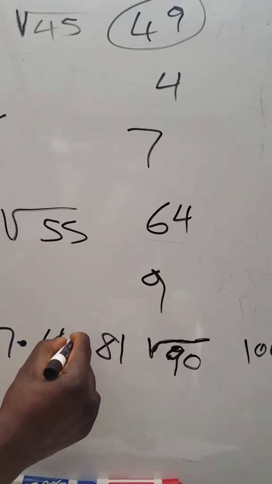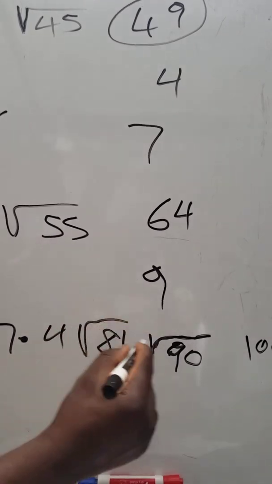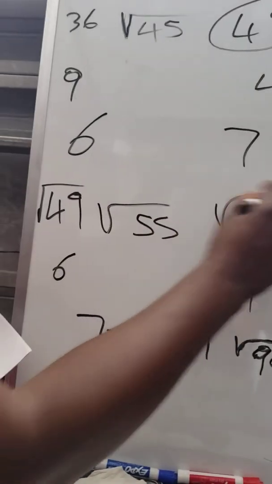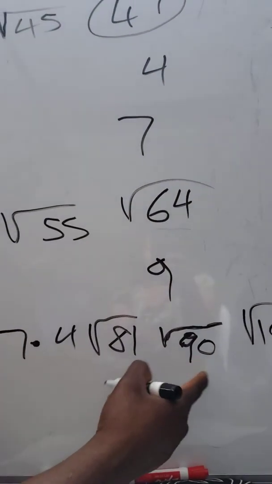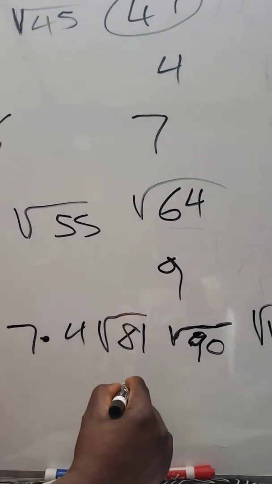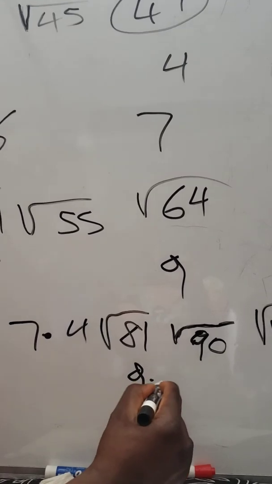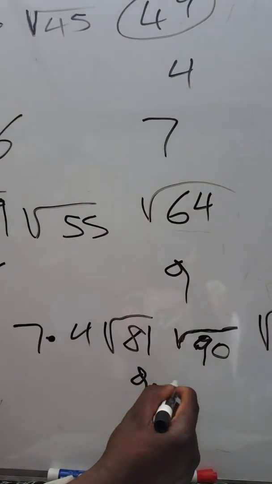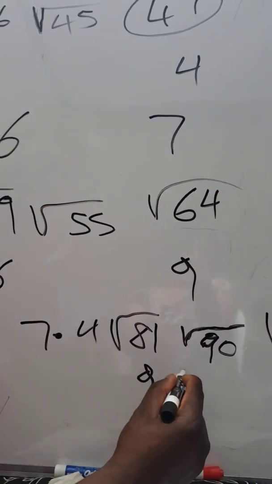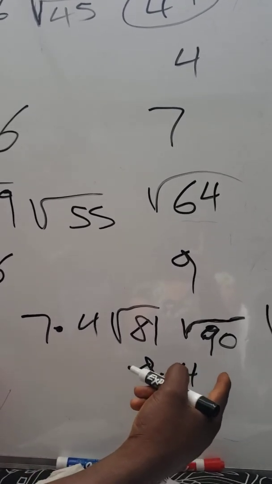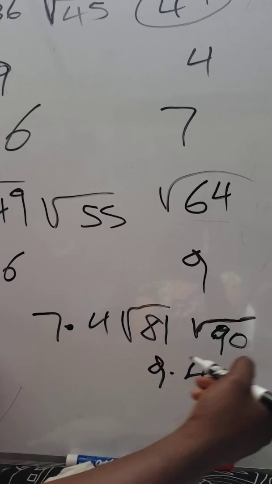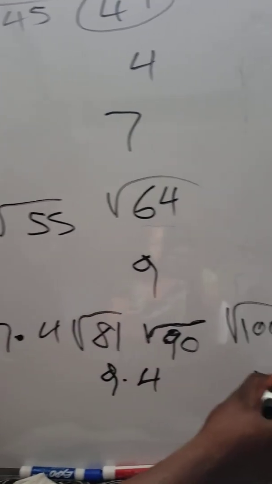That means the square root of 90 would be 9 point something, but a little bit closer to 9. I would say 9.4 or something like that, which is closer to that than to the square root of 100, which is 10.